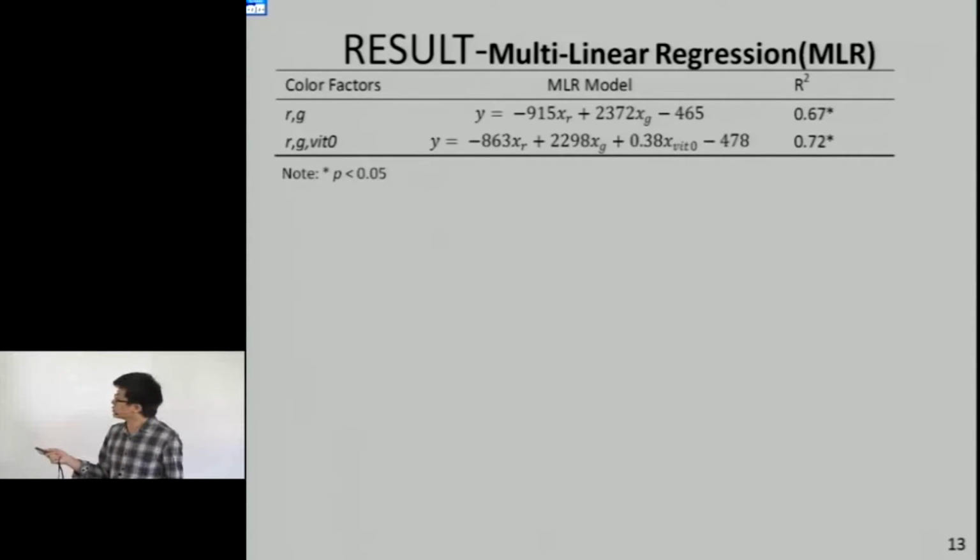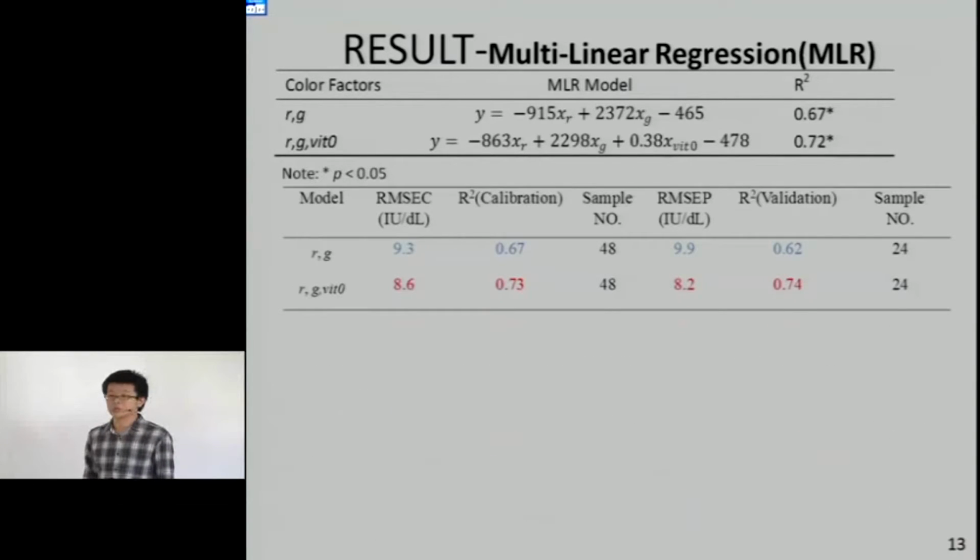Because in this model, I didn't consider the initial vitamin A level when we introduced the cattle to the feedlot. In the next model, I included the initial vitamin A level at the beginning of the experiment, and so you can see the improvement of the model.